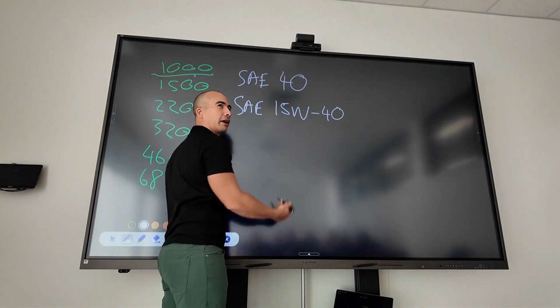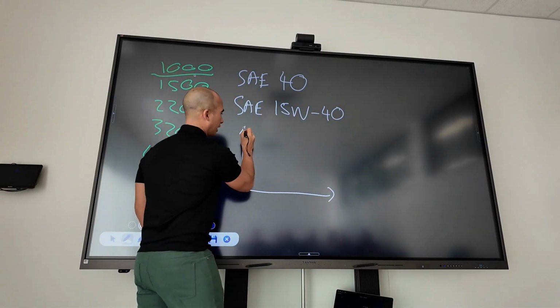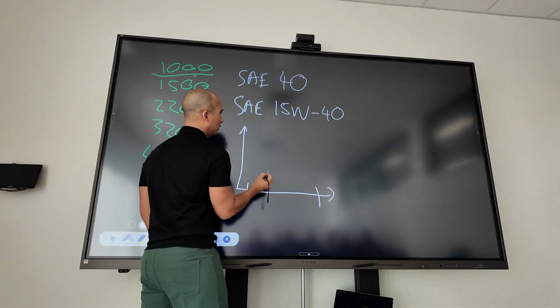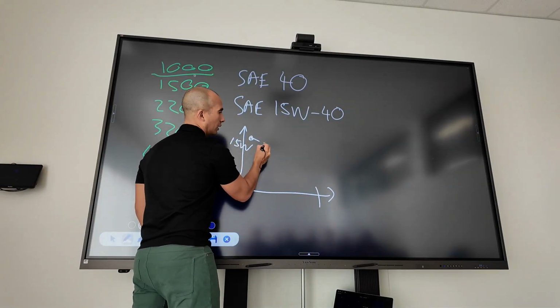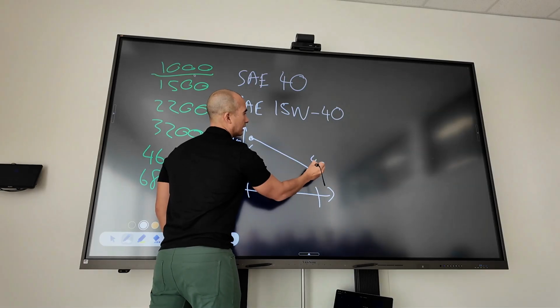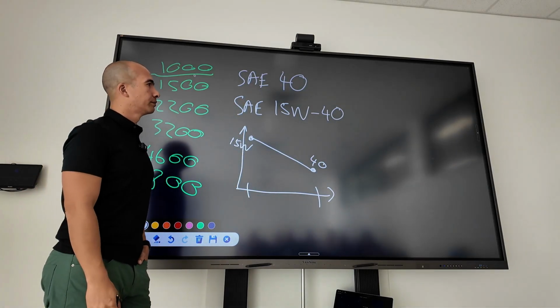Because there's multiple grades. And if you need to visualize it, you're basically saying at cold temperatures, it's acting like a 15W, and at high temperatures, it's acting like a 40. Right, that's the easiest way to remember that.